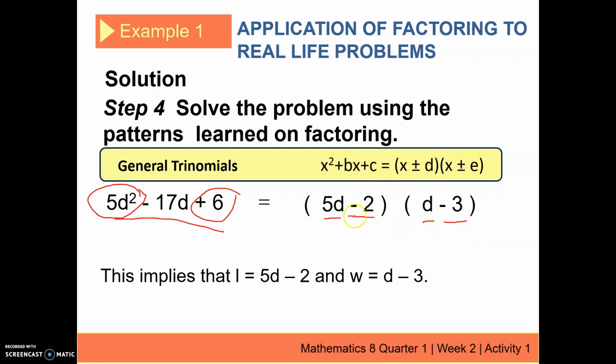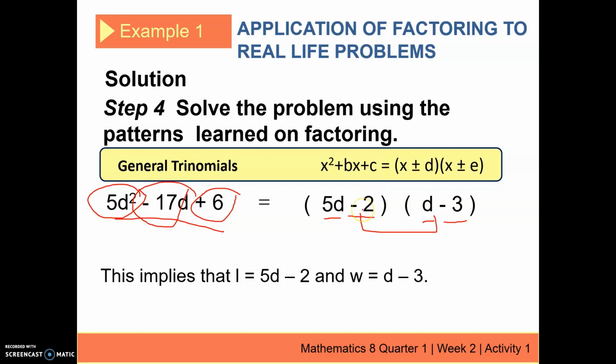Now, to check if the factored form is correct, we have to multiply the means and the extremes. And after multiplying, their sum should be equal to the middle term, which is negative 17d.